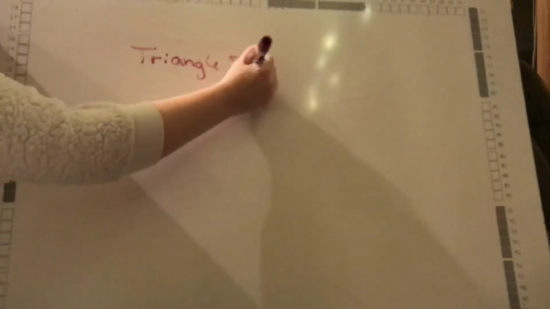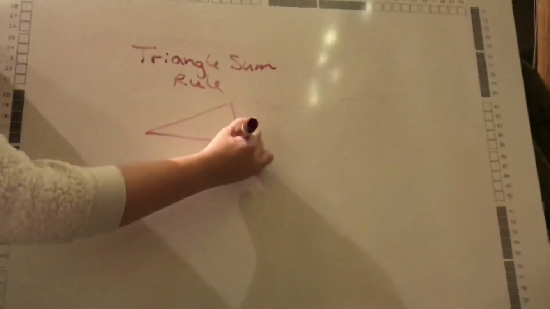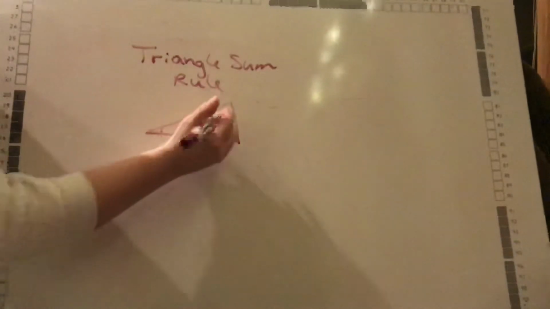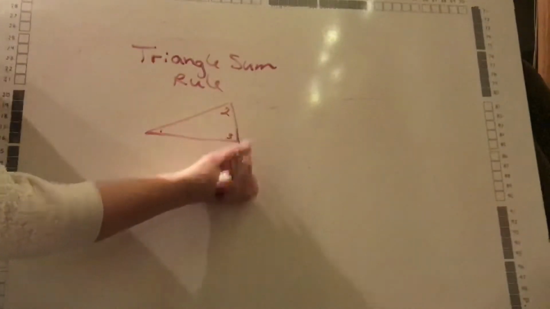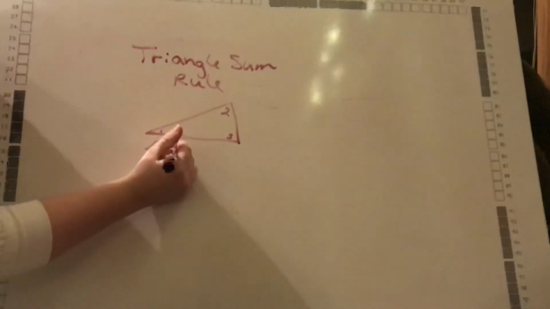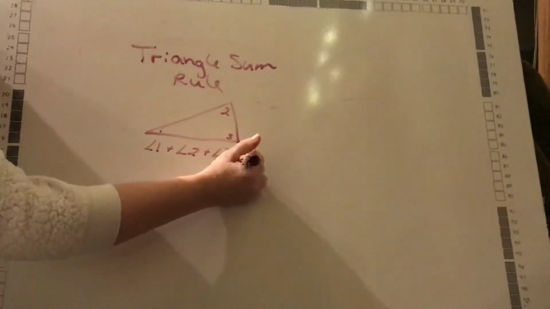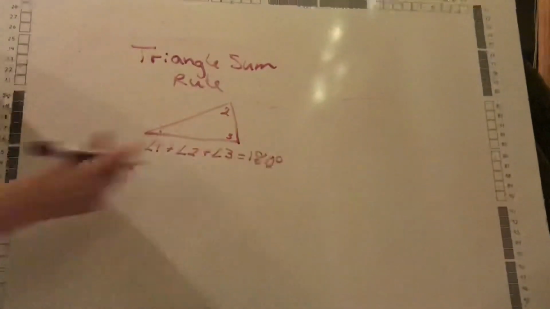It's called the triangle sum rule. And that rule states that the measures of the angles of a triangle will add up to 180 degrees. So if this is 1, 2, and 3, angle 1 plus angle 2 plus angle 3 is going to equal 180 degrees.